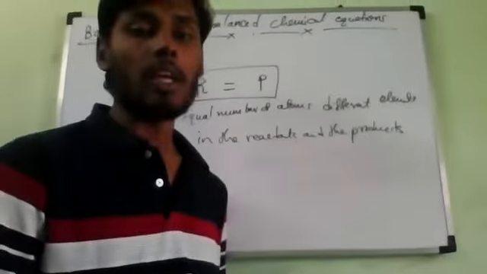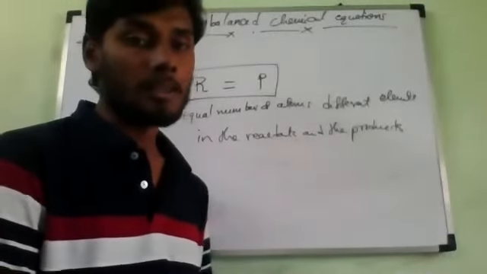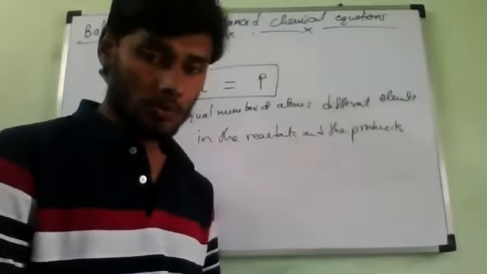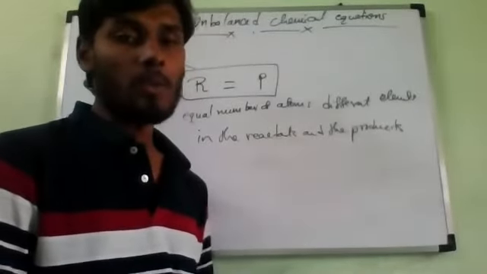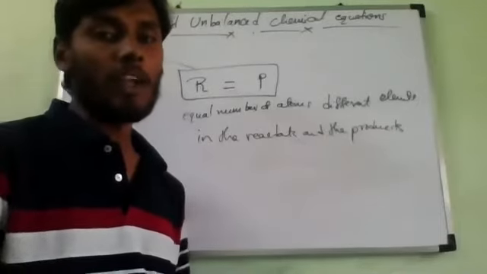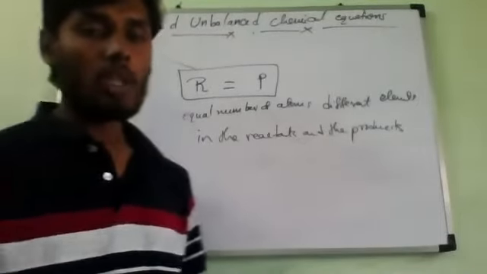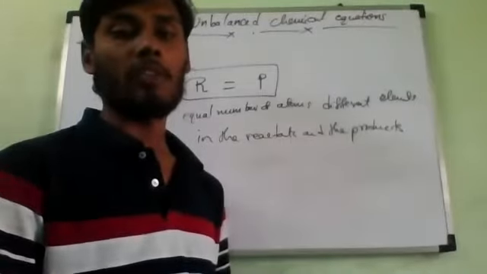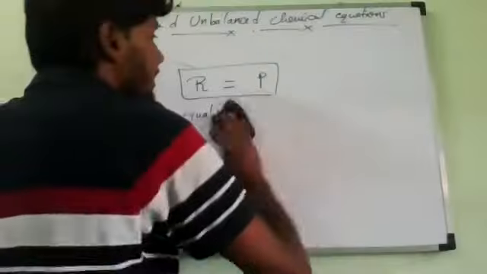Zinc reacts with dilute sulfuric acid to give zinc sulfate and hydrogen.